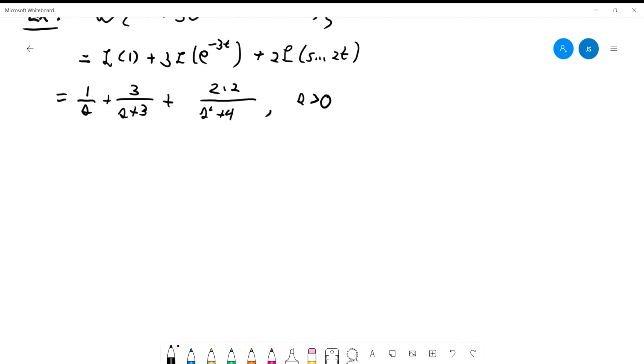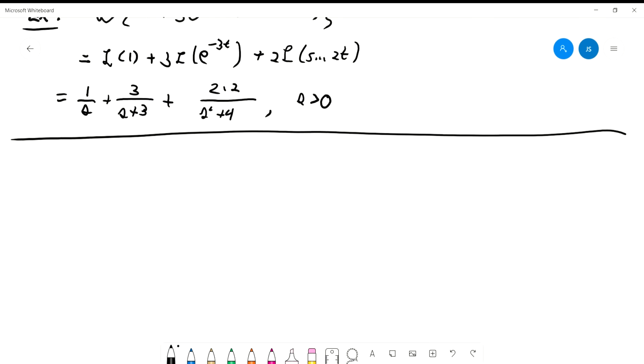All right, let's list these out. The book calls this theorem 7.1.1, and this is the Laplace transforms of some basic functions.